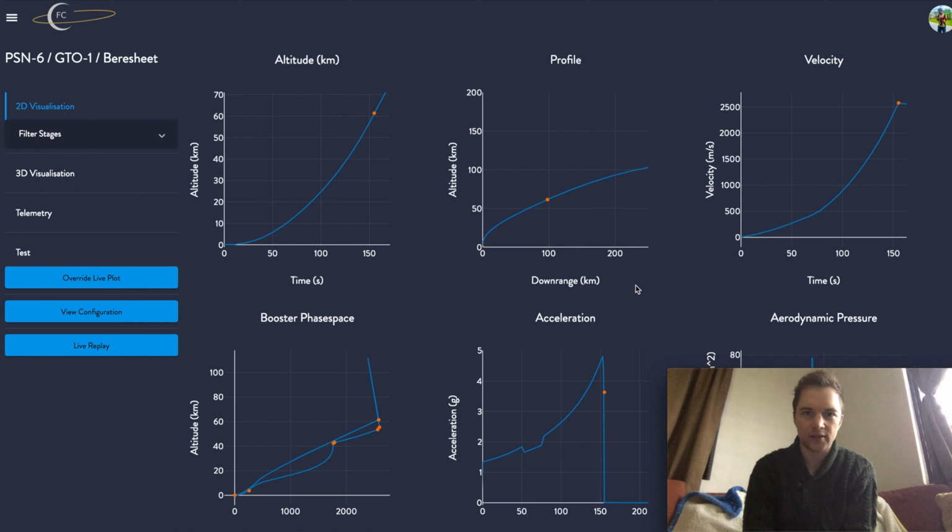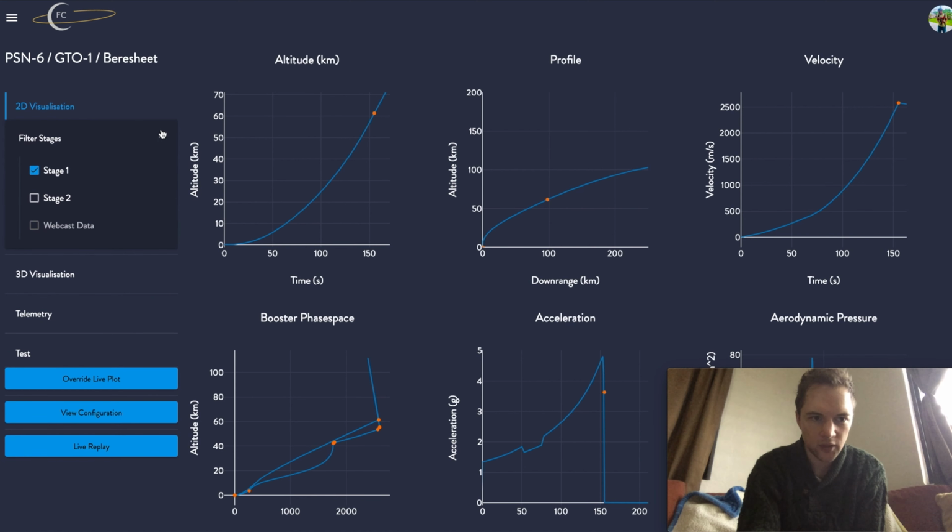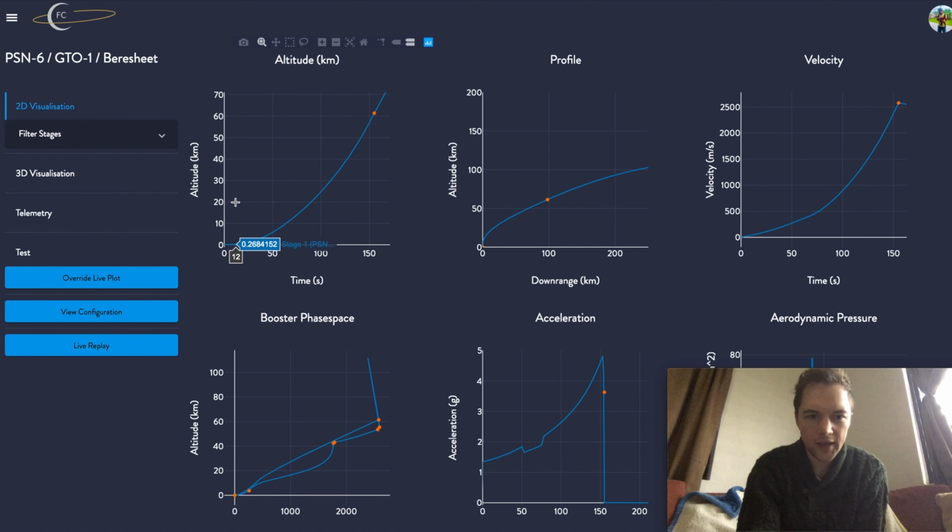So I have an idea, and here's an example of a mission. This is the SpaceIL lunar lander mission that SpaceX launched a few weeks ago. This is just stage 1 we're looking at. Go over to stage 2. Imagine I had a bunch, maybe just 5 or 10, not too many points for, at this time altitude should be this, at this time altitude should be this, at this time altitude should be this, and so on and so on.